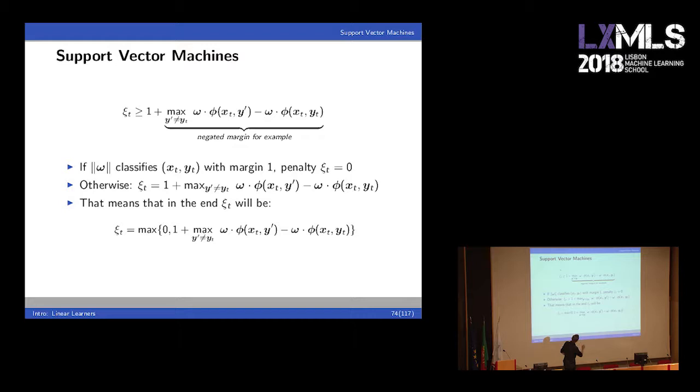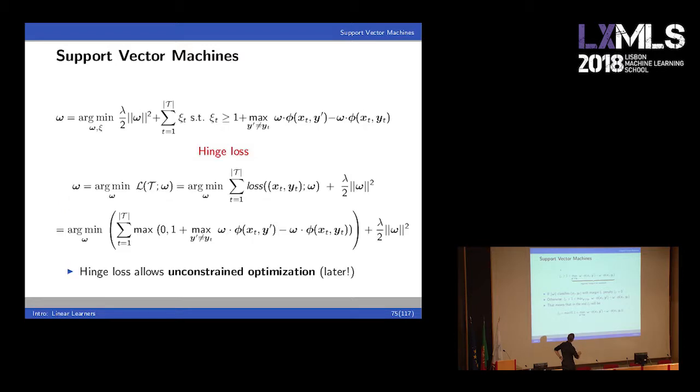And then what we had before, xi is greater than 1 plus this term here, is put into our objective by making clear that xi is either 1 plus the score for the maximum for the prediction, which is the maximum label, minus the score for the gold standard, or it's 0.